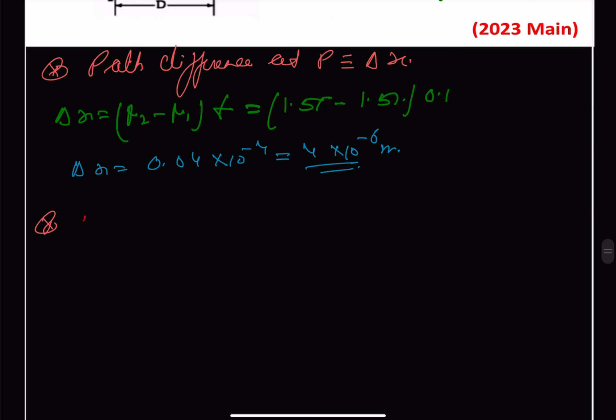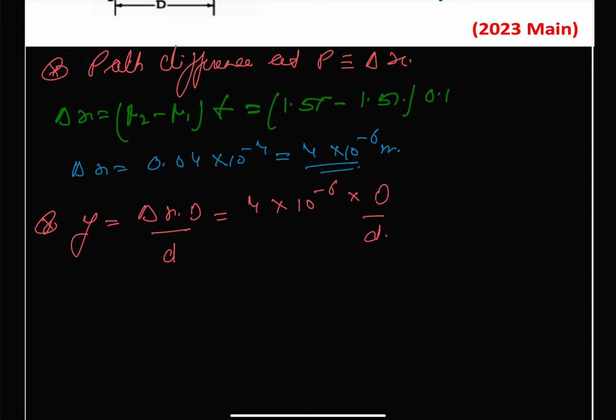So y will be equal to the path difference times capital D divided by small d. So this is 4 into 10 to the power minus 6 times capital D divided by small d.